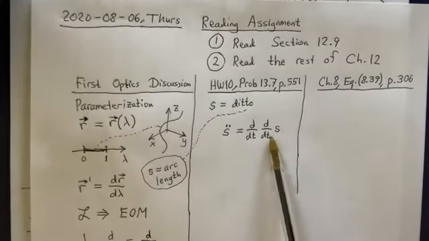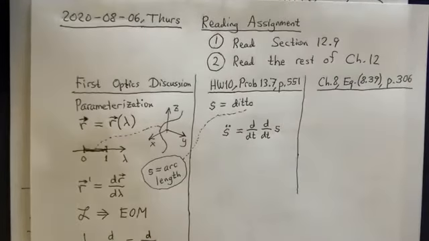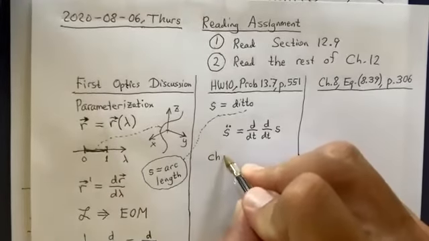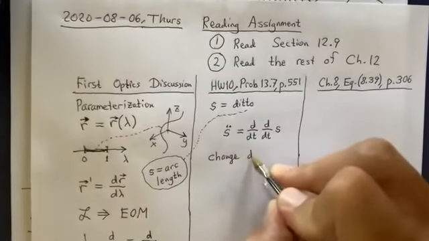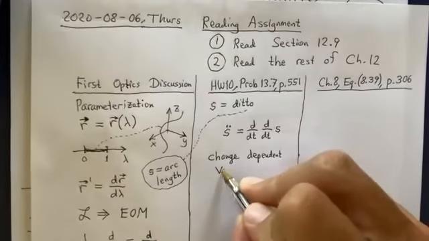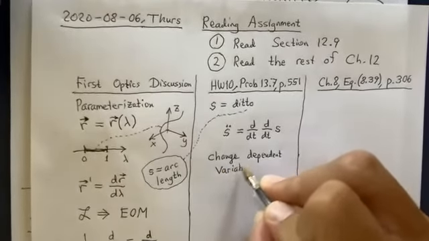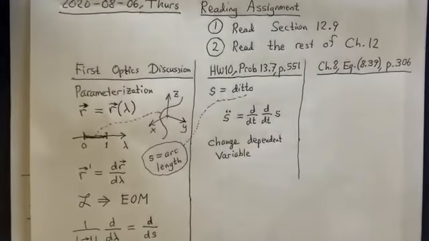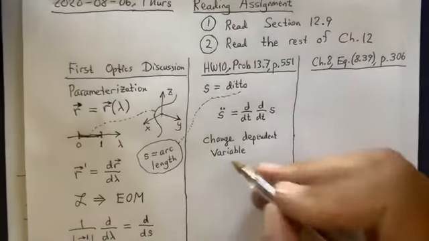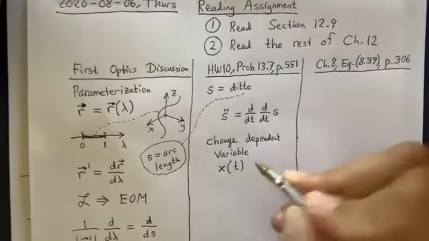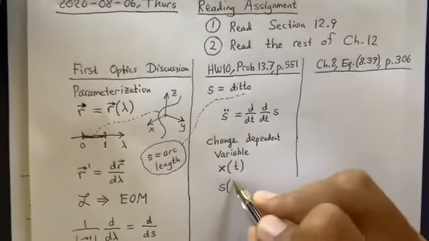So what we're doing here, let the record show, is changing the dependent variable. Right, because we have two things that we're talking about. Rewrite this as an equation for x double dot. We have a function x of t, and we have a function s of t.